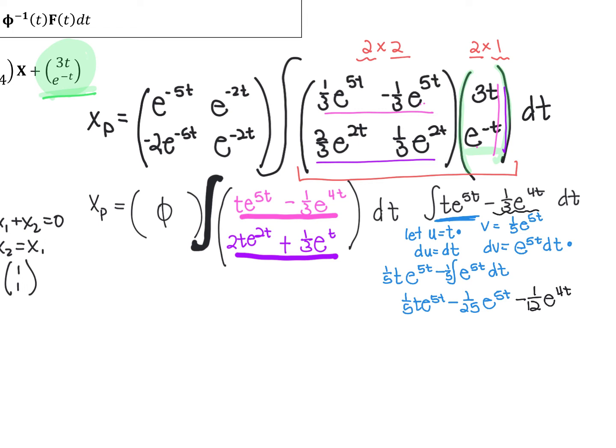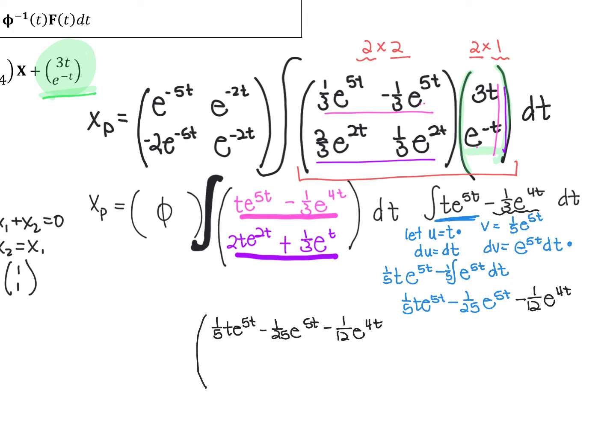Oh, I've already done the integral. So that is the first row. And we still have to multiply. That's the first row of this integral.